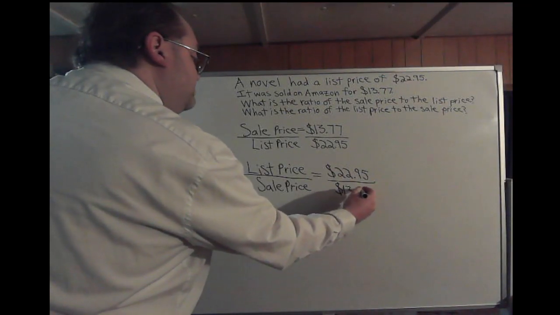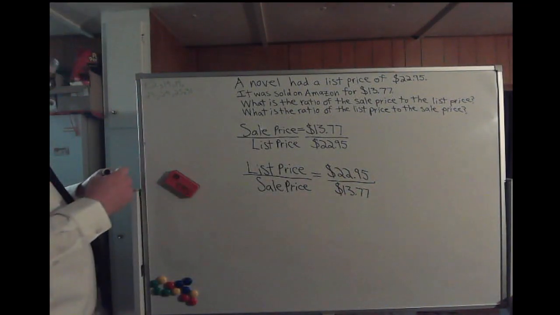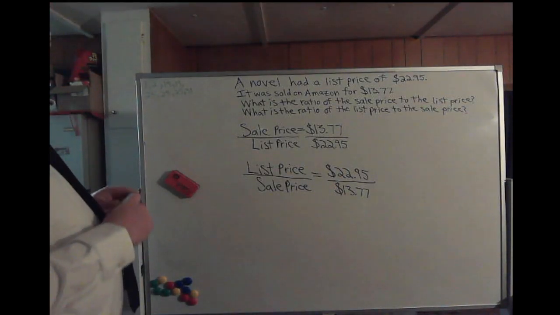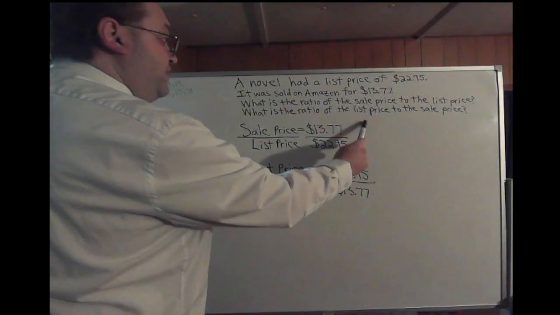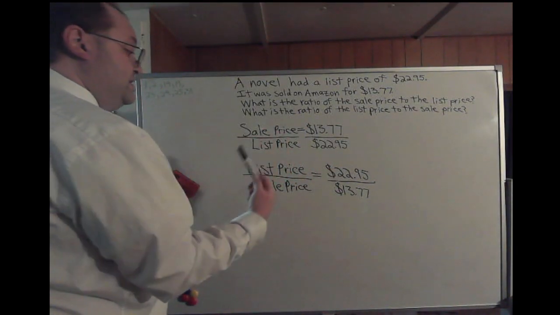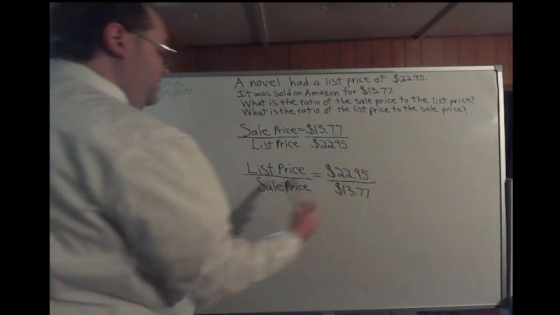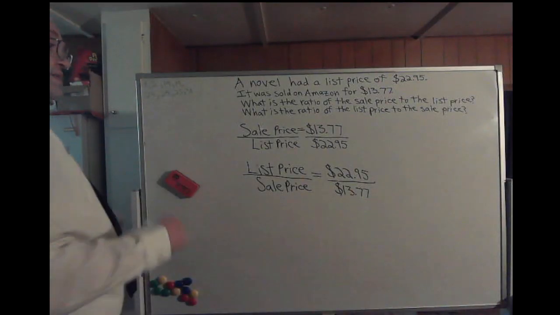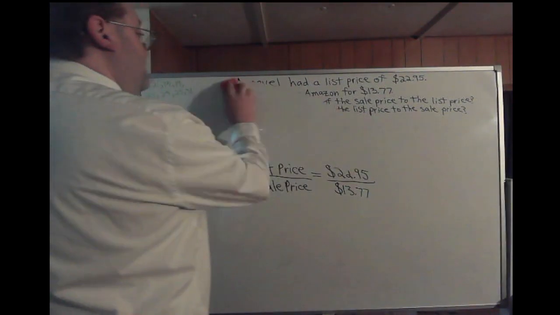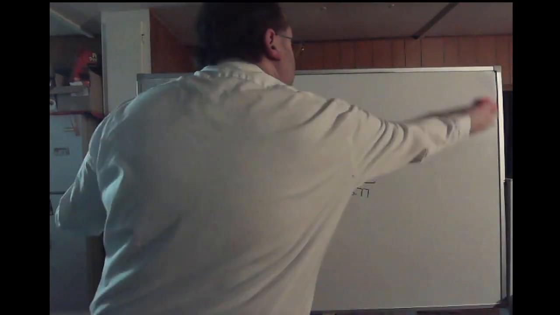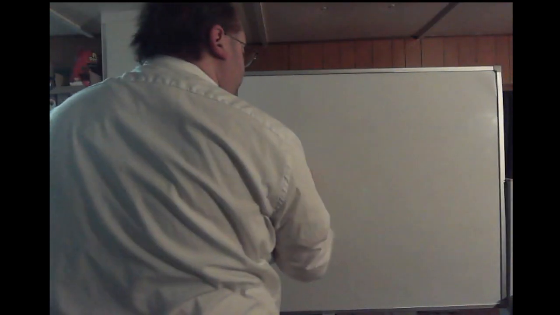So that'd be $22.95 to $13.77. Basically, the first thing it asks for is your numerator, and the second thing is your denominator. That's how you figure out ratios, and that's really all there is to them. Ratios are actually pretty easy, especially since when we simplify them, you simplify them like you would a fraction.